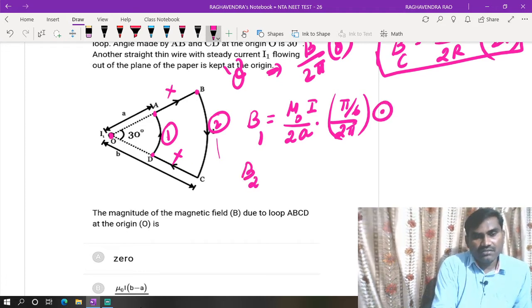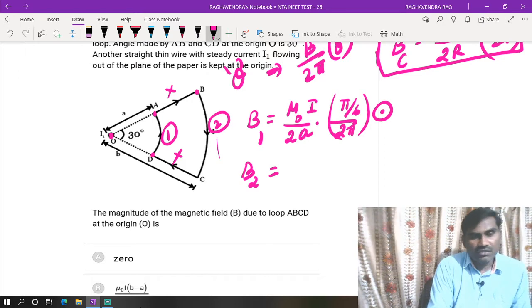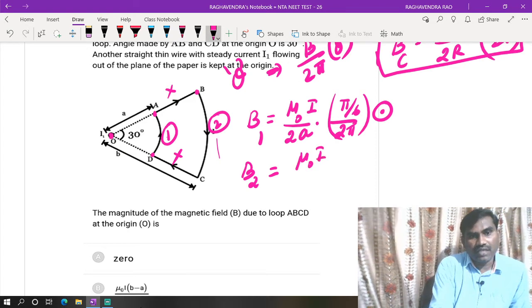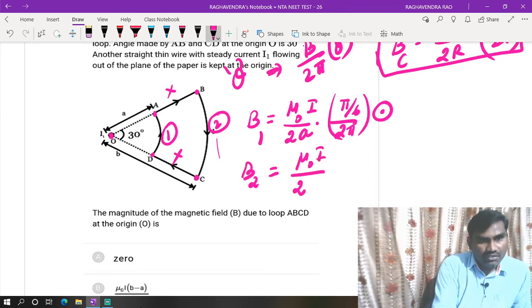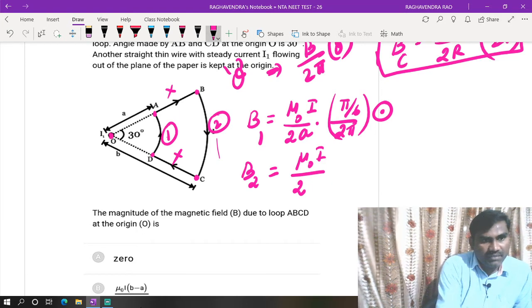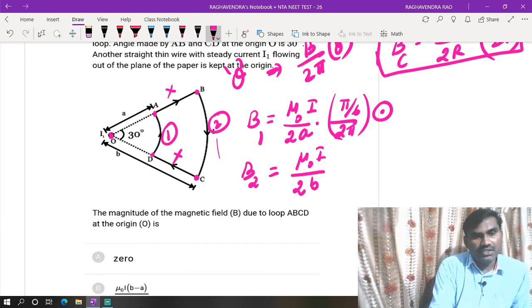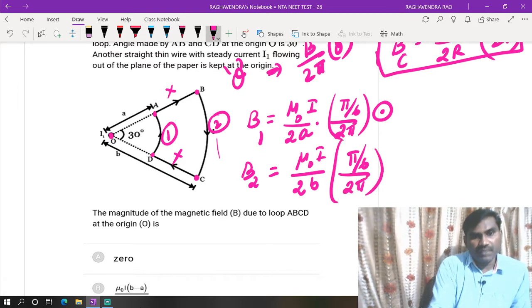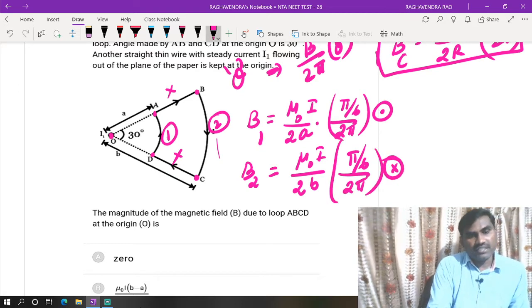Now B2 is the clockwise direction current, so because of that it is into the plane of the paper. This is equal to mu naught I by 2 into, now the distance between these two will be B. This is 2B into the angle, which is the same, pi by 6 by 2 pi. This is into the plane of the paper.